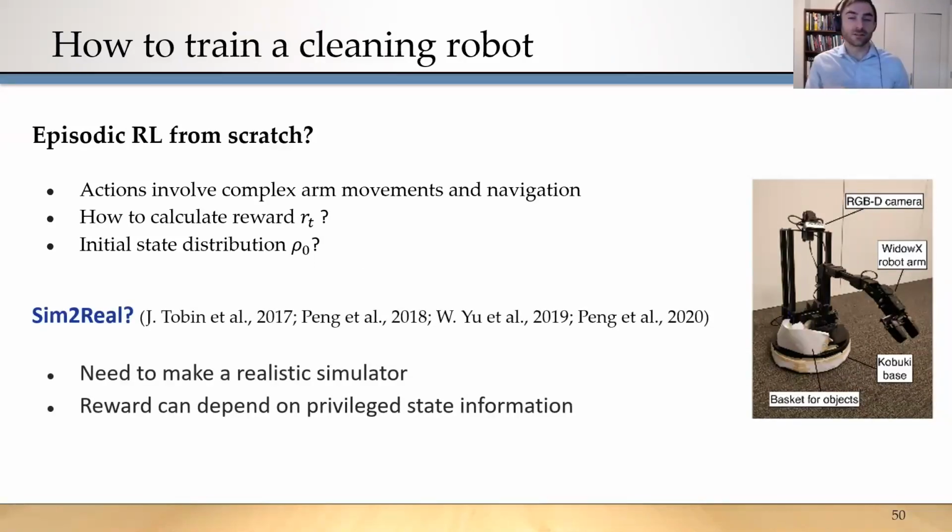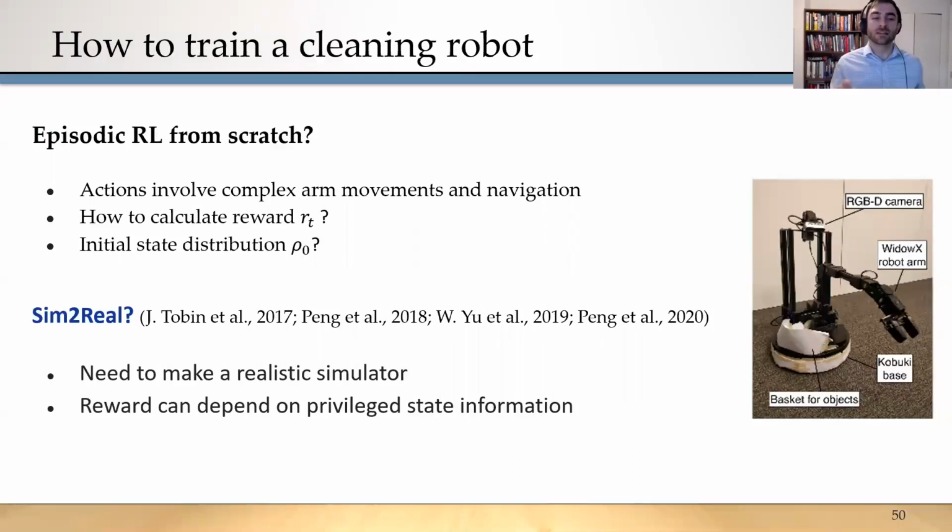And there is a lot of great work that does sim to real training in order to be able to train robots in this area. But one of the challenges, at least with using sim to real training, is you need a simulator that's very realistic, down to some of the fine-grained details of the dynamics of the world.